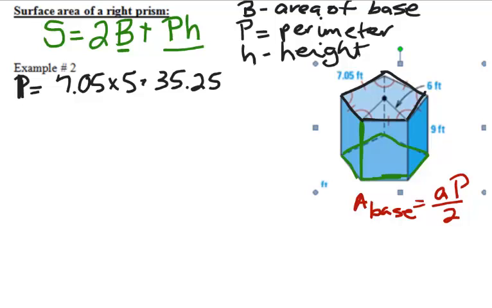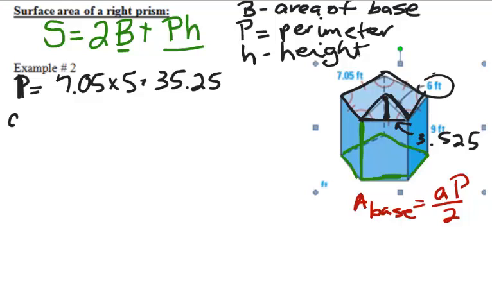To do that, I'm going to have to draw in the apothem on this isosceles triangle. So we don't know the apothem, but I do know that one side of that isosceles triangle is this, 6 feet. And then if I divide one side, 7.05, by 2, I'm going to get, for one side, 3.525. Okay, and so I can do the Pythagorean Theorem.